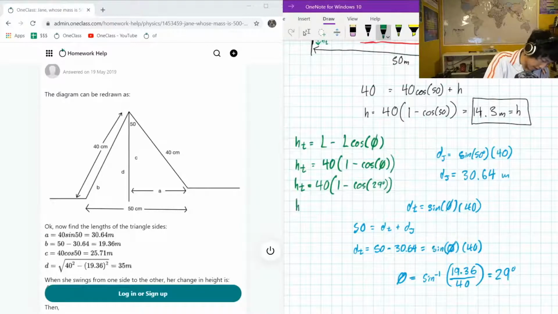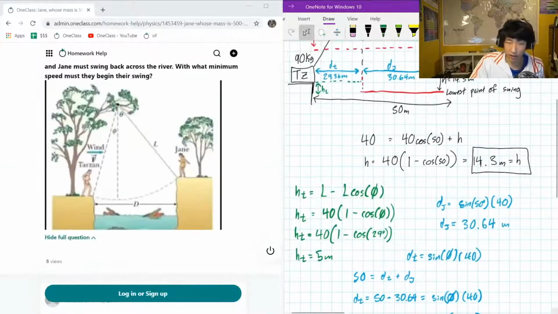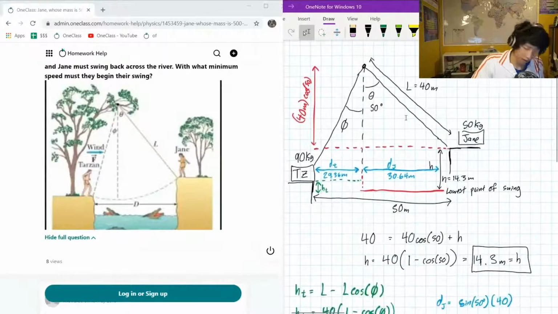So here I got h of t 5 meters. Okay, so I'm actually going to redraw this diagram ASAP fast, but actually no, I think we're good. So this will be 5 meters.